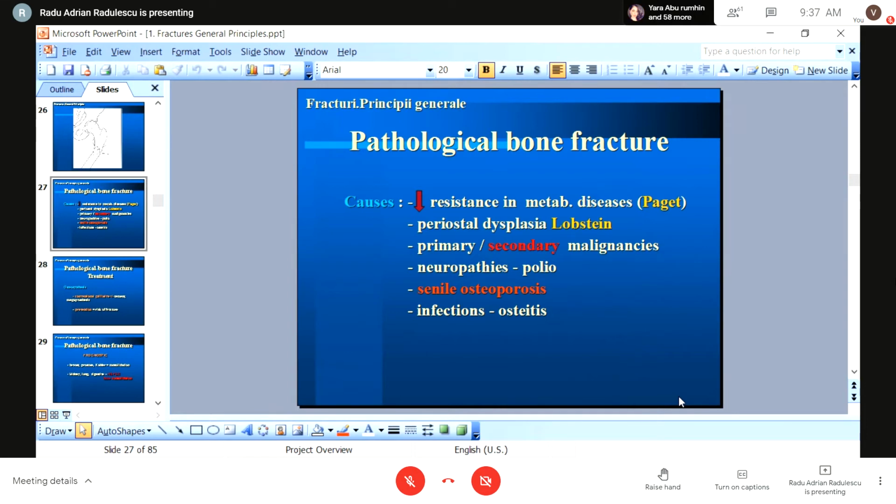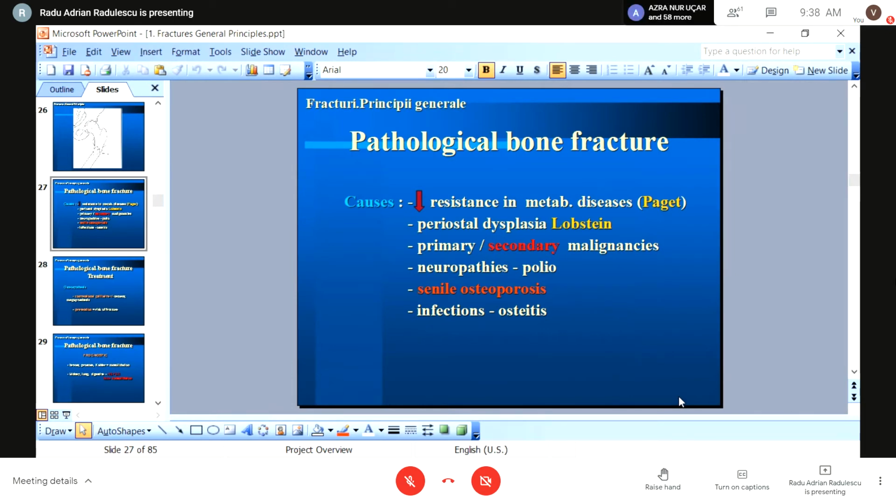Also, some other disease like the Lobstein disease, which is periostal dysplasia, or probably the most frequent reason of softening of the bone will be bone tumors, primary or secondary bone tumors, known under the name of metastases.